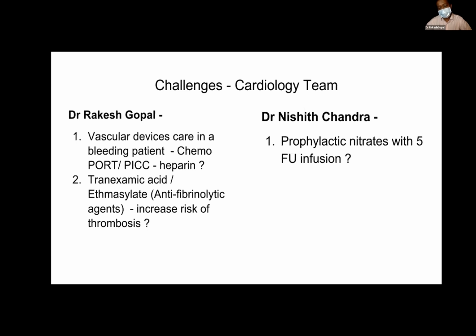We continue the therapy as long as the patient is on 5FU or capecitabine. Nitrates can prevent a spasm, but we are not very sure. There is no basic guideline for this. That is the reason I wanted your expert opinion.